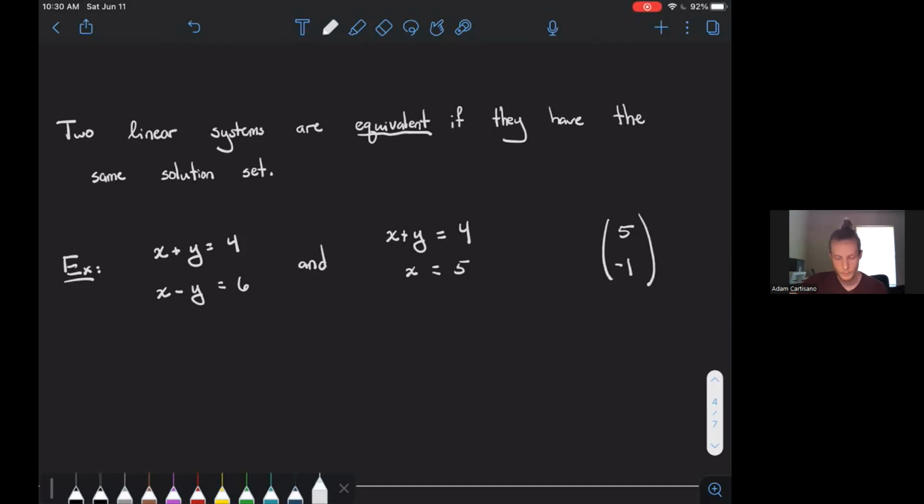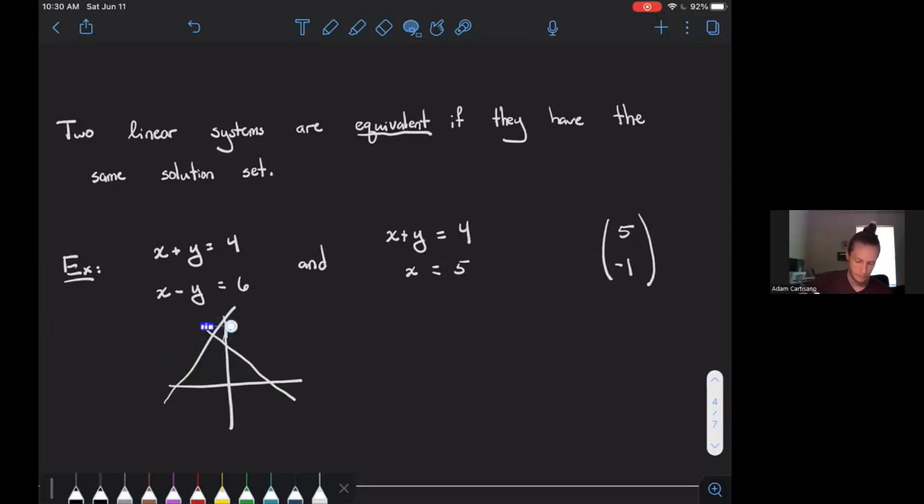But let me also draw these for you so that you know that we're looking at two different linear systems. In the first case, we're looking at x plus y equals 4, and x minus y equals 6. It's a little bit higher up. Okay, that's good enough.